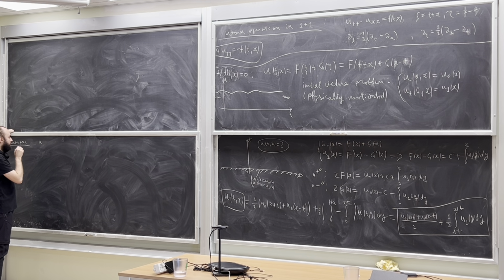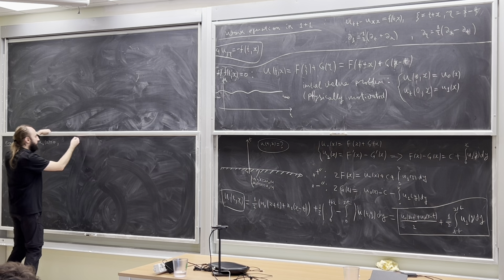Suppose that u1 of x equals 0, and u0 of x is given by the following picture.